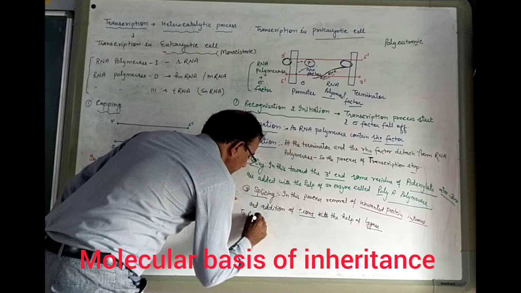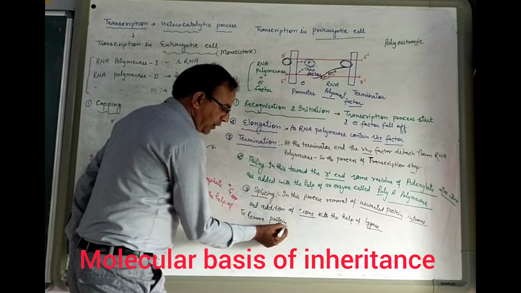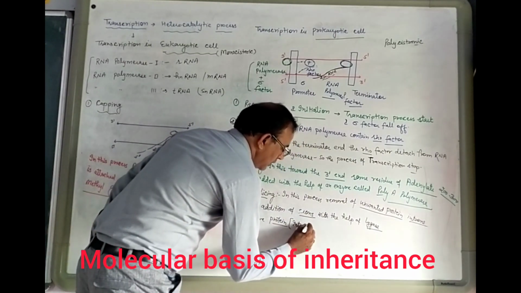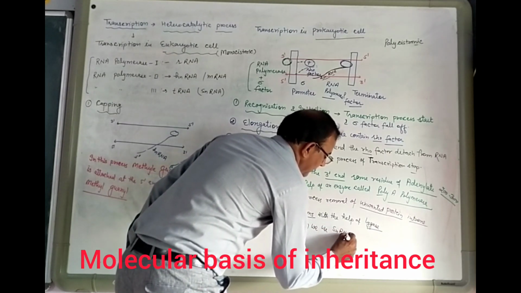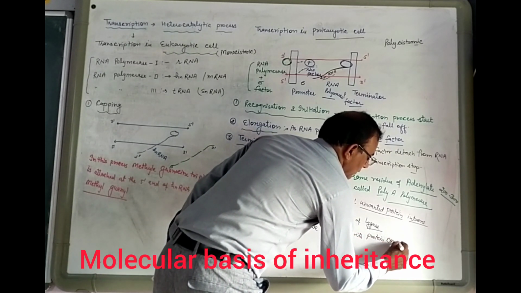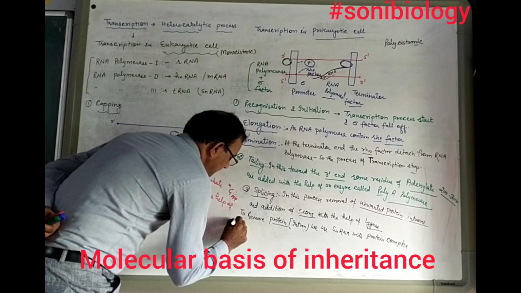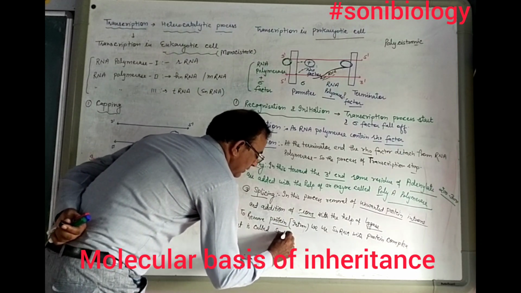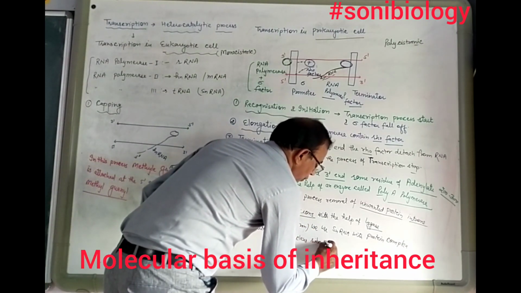To remove introns, we use snRNA with a protein complex, which is called small nuclear ribonucleoprotein.